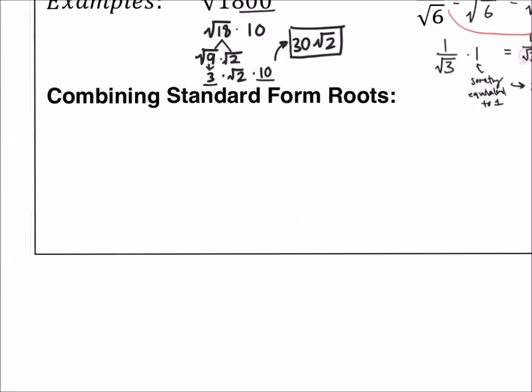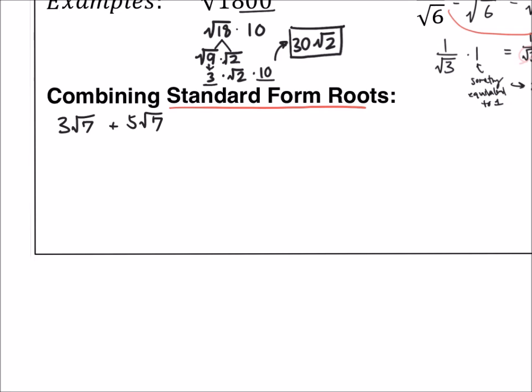The last thing I want to cover today is the idea of combining standard form roots. So what that means is if you have two numbers with the same radical in them, like 3 square root of 7 plus 5 square root of 7, and they both have radical 7 in them, how can we add them together?